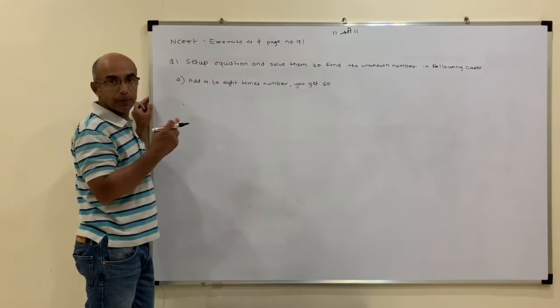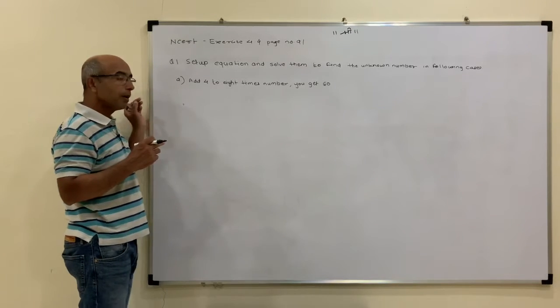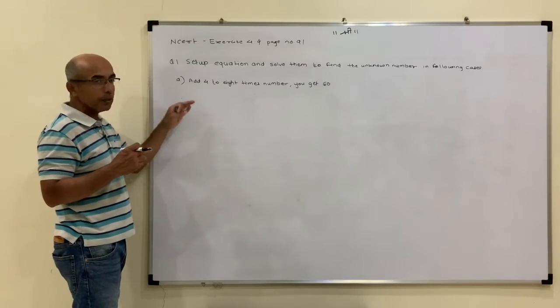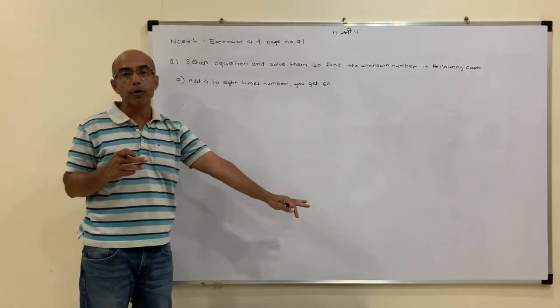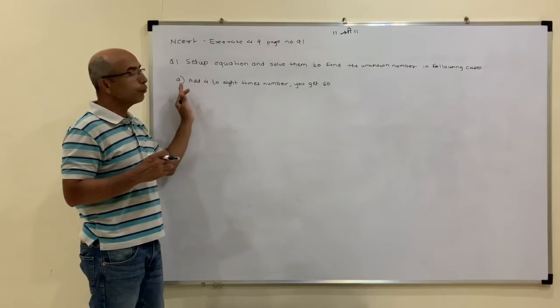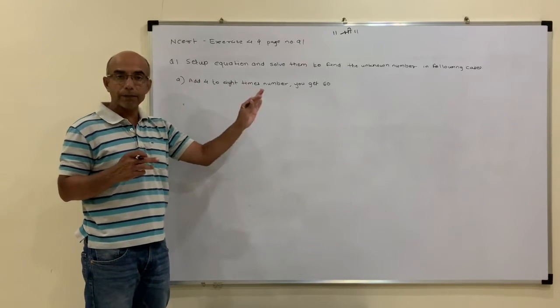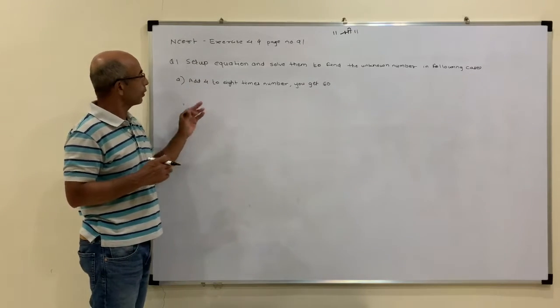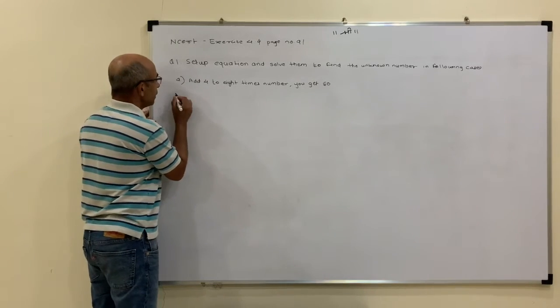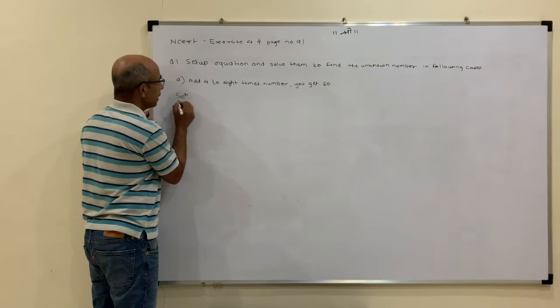You can do similarly in this exercise as well. But since it's a word problem, I won't be able to write all the questions at one point of time. So I have to do A after one another, A, B as well. So here, add 4.